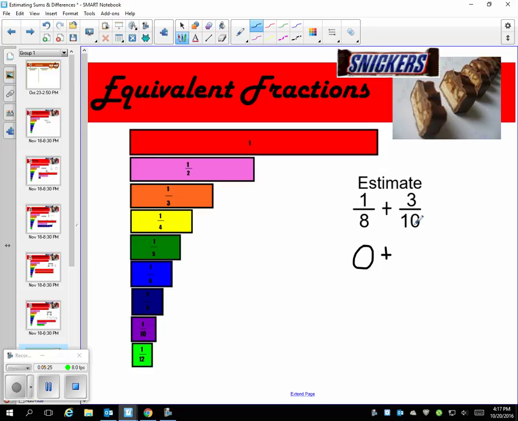Ask yourself, well, what's half of 10? Half of 10 is 5, so 5/10 is a half. And 3 would probably be closer to the half mark than it would be the 0 mark. So we're going to estimate that to be a half. So 0 plus a half is a half. So we know that 1/8 plus 3/10 is going to be closer to a half.